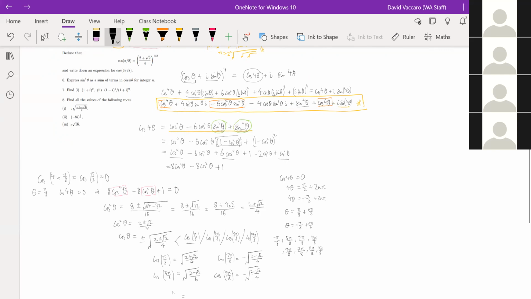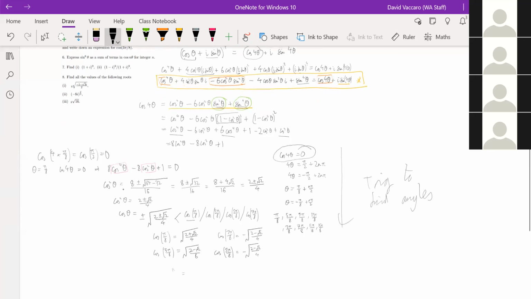That enabled me to express cos 4 theta as a polynomial in cos theta. And so solving the equation cos 4 theta equals 0, you can find the angles using classical trigonometry. But you could find the values of cosine by solving the polynomial.